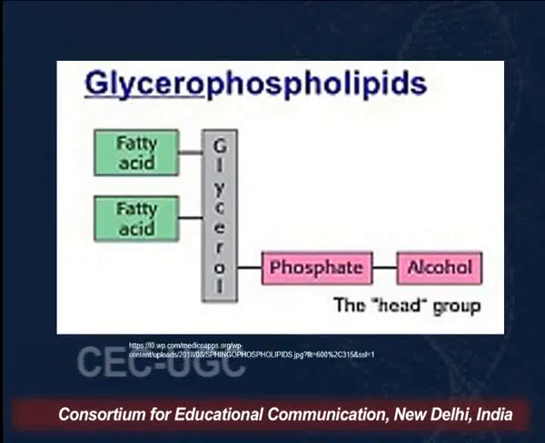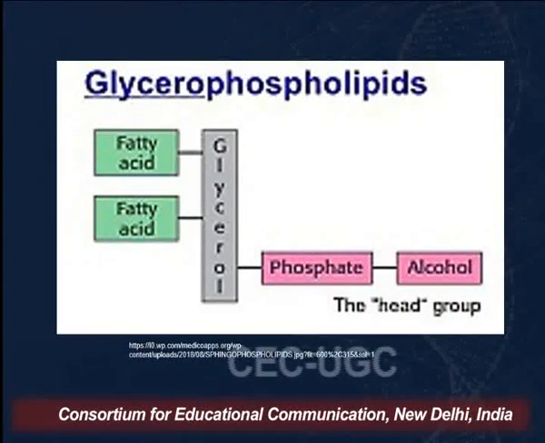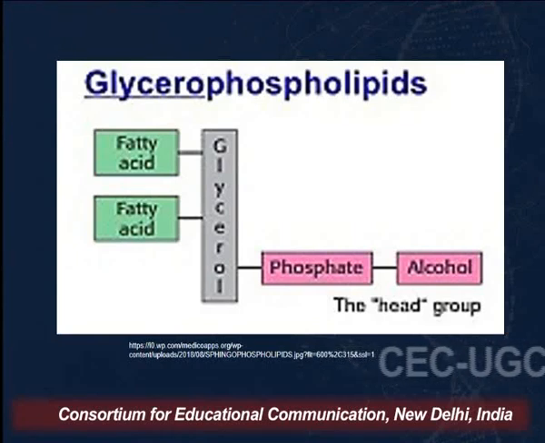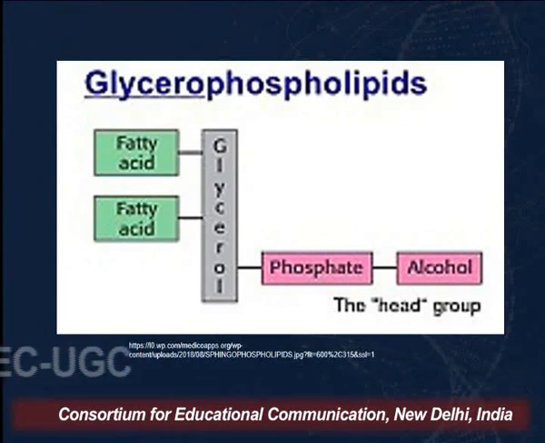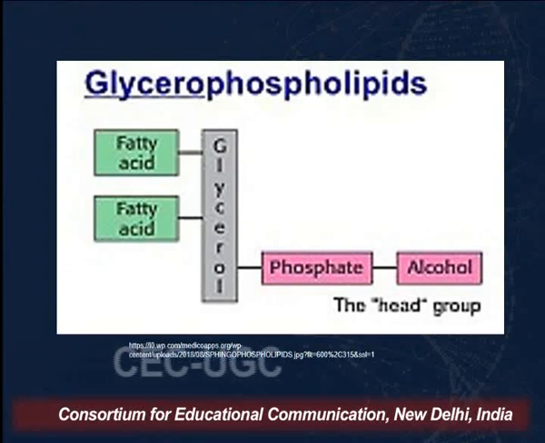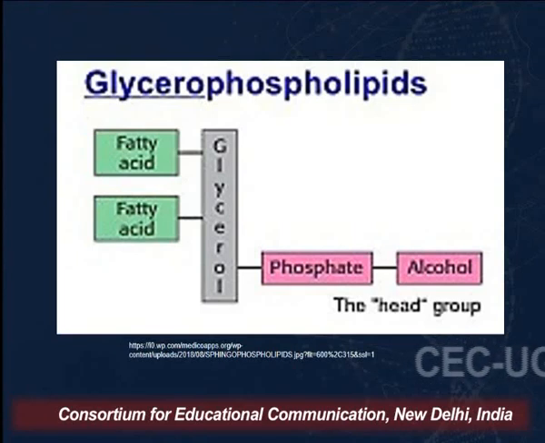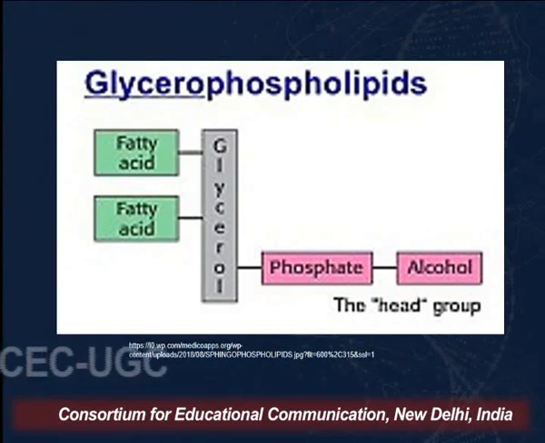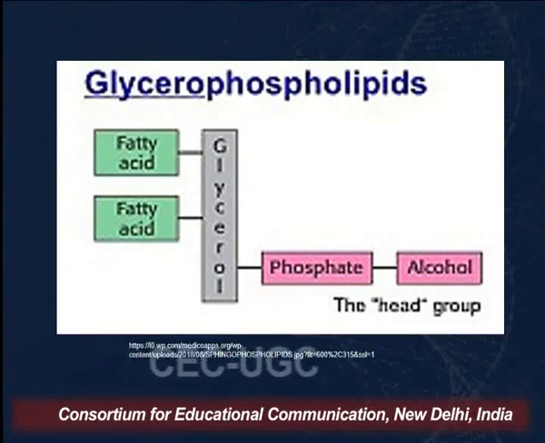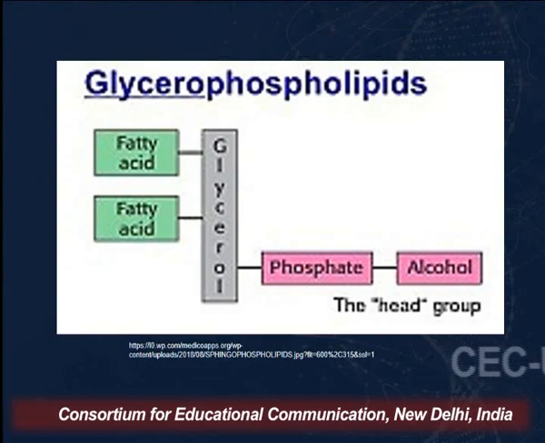Now if we look into the structure of glycerophospholipids, which you can see on your screens, as I've already told you, glycerol is a trihydric alcohol. So the first alcoholic group of glycerol forms an ester bond with a fatty acid, resulting in an ester group here, and then it again reacts with a fatty acid giving us an ester group here.